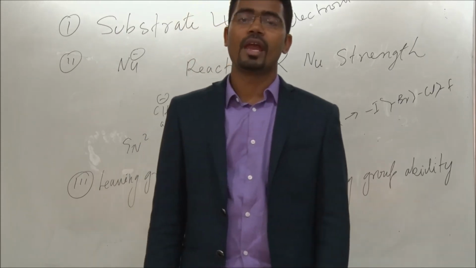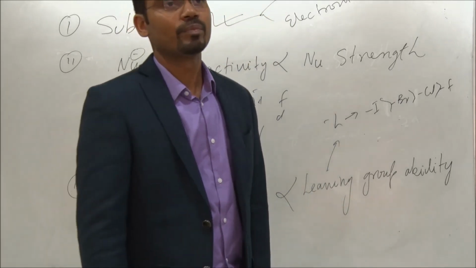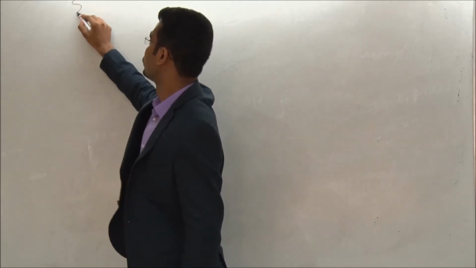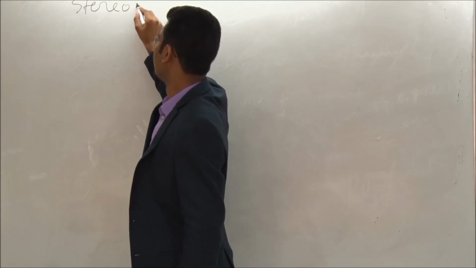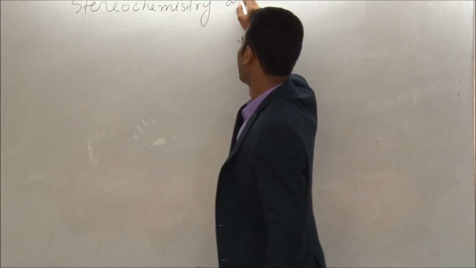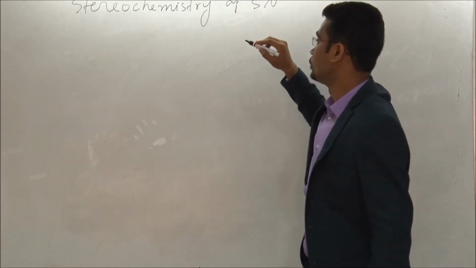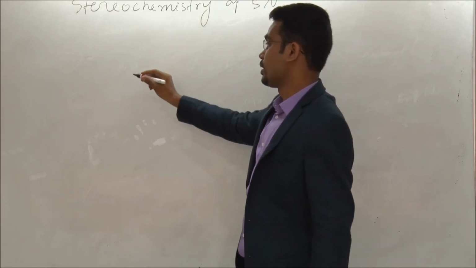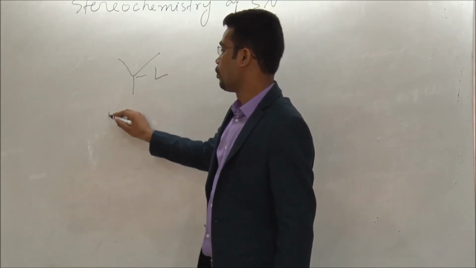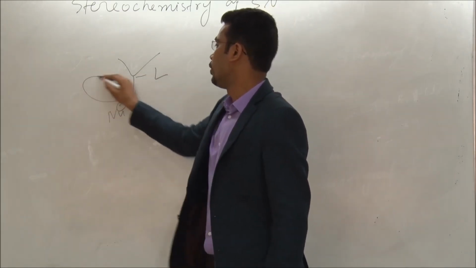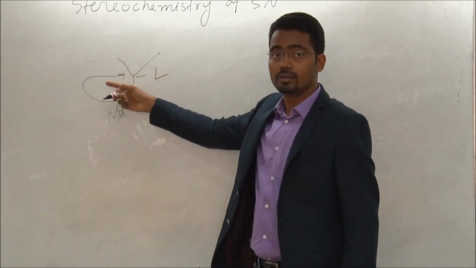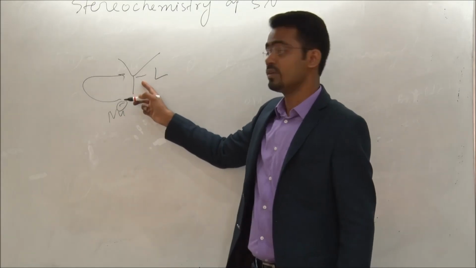Now write down the stereochemistry of SN2 reaction. So what is the stereochemistry? Here the leaving group, and as you know the nucleophile will attack at 180 degrees to this bond.